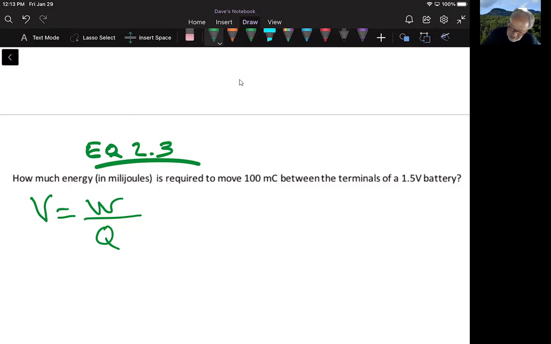So when I look at this, I have 3 variables. I have V, and that is voltage. And I want you always to think of voltage as the potential difference between 2 points. Between a positive and a negative area, there's a potential difference set up between those 2 areas.